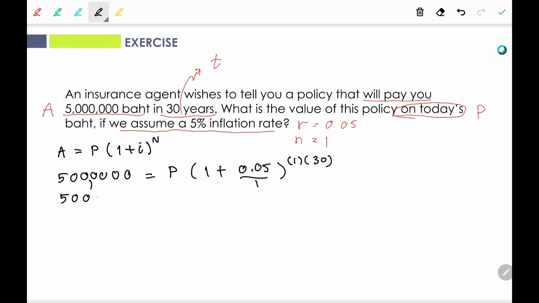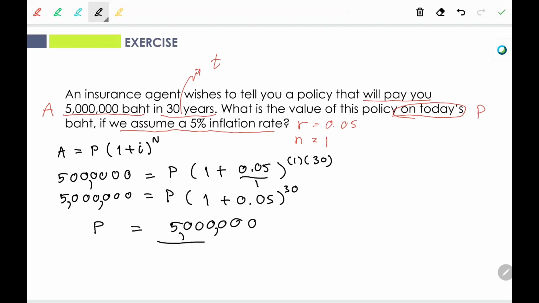So, you need to find P actually. So P is equal to 5 million baht divided by this amount.